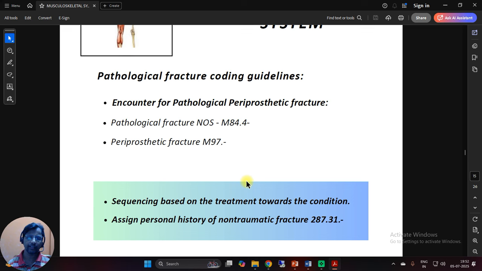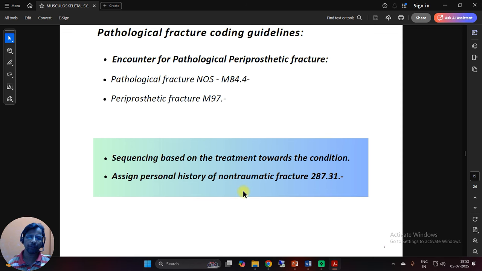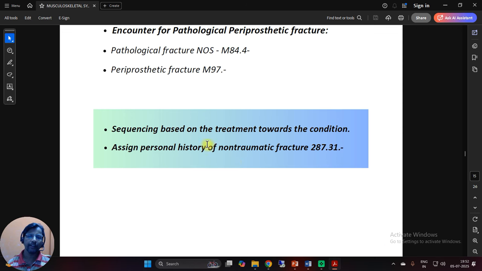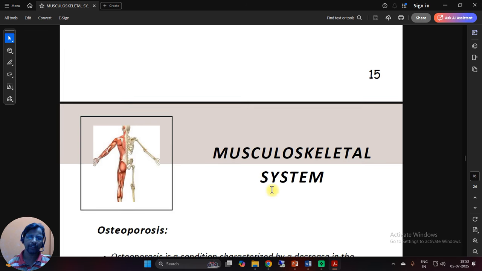If you see periprosthetic fracture in the documentation, you need to use the M97 series. If the patient has a pathological fracture, M84.4. Okay. So this is very important: sequencing is based on the treatment directed toward the condition. Assign personal history of non-traumatic fracture if the patient has a previous fracture, Z87.31. Okay.